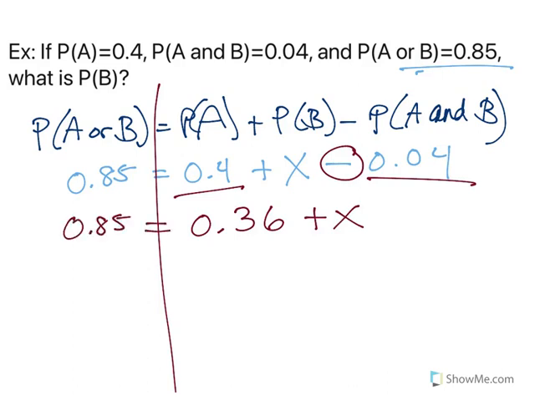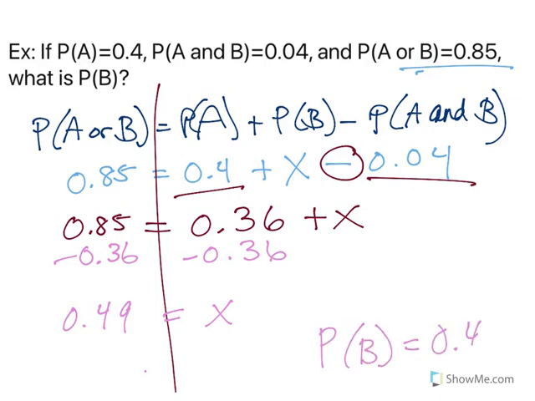To get x by itself, I subtract 0.36 from both sides, and x gives me 0.49. So the probability of B is 49 hundredths.